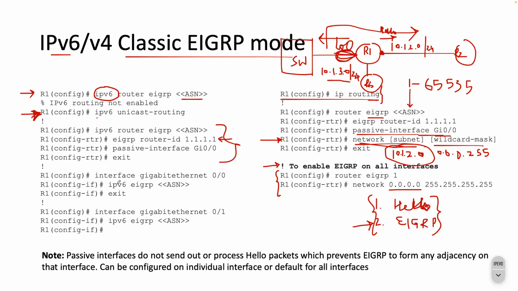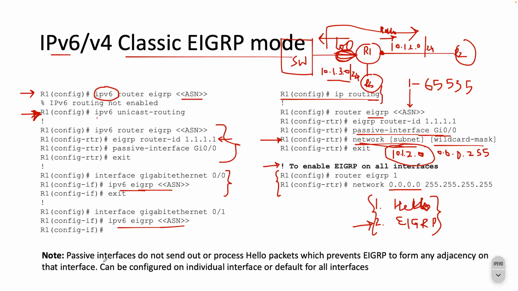You are defining EIGRP on the particular interface itself. I am defining that this interface should be part of EIGRP, with this number. That's how you are defining. If you can correlate, this is similar to OSPF also, right? IPv6 EIGRP and then the ASN number. That's how we define.